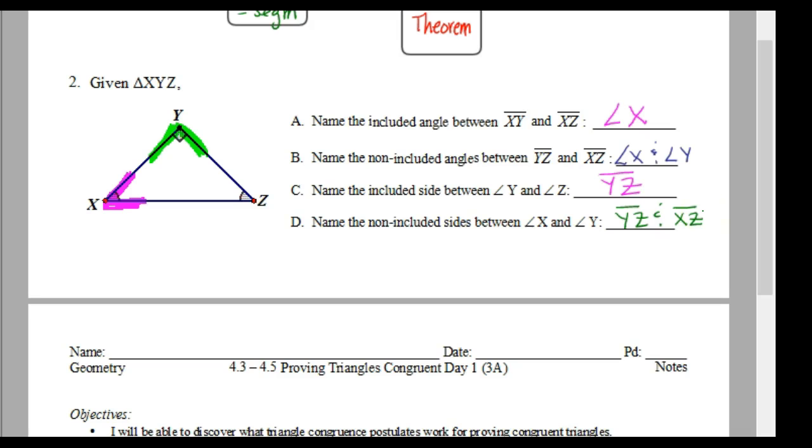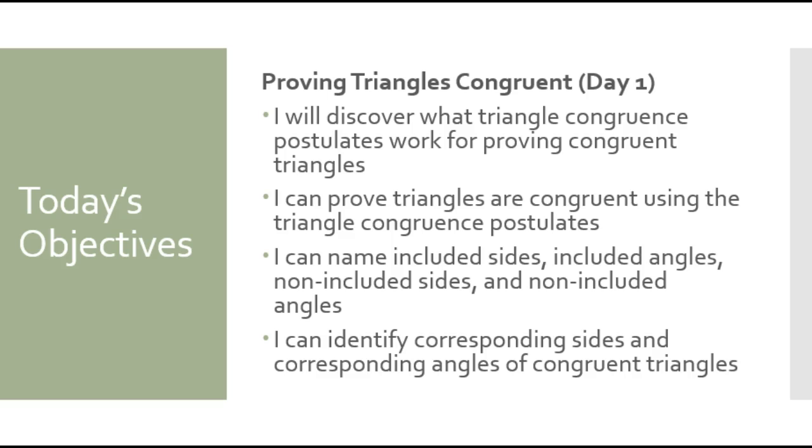Now let's take a look at our objectives. So our objectives today will be to discover what triangle congruence postulates work for proving triangles, and proving triangles are congruent using those postulates. Basically what we have here are shortcuts.